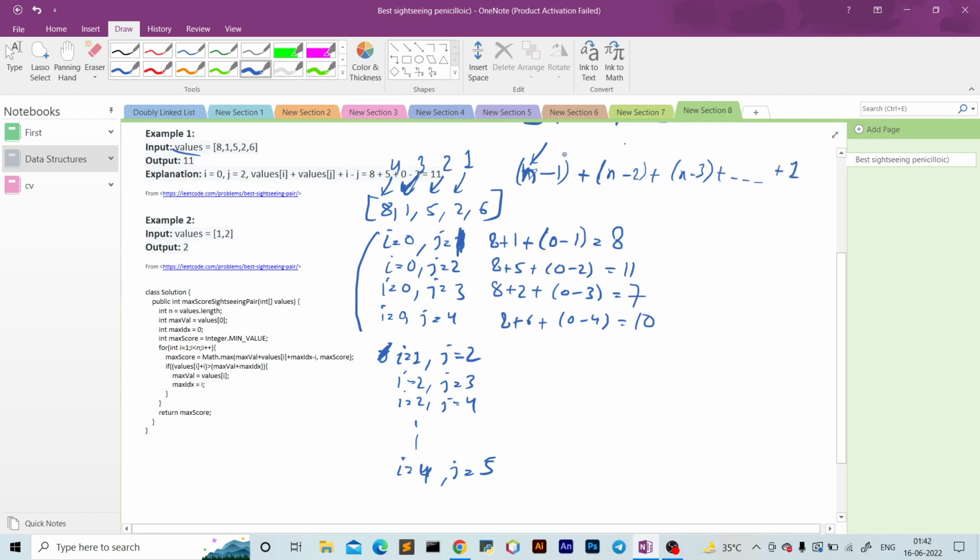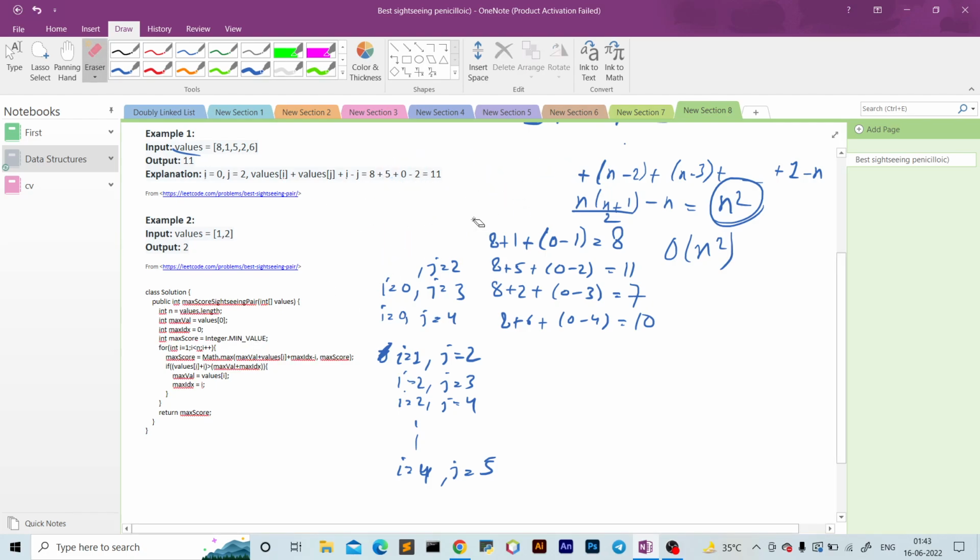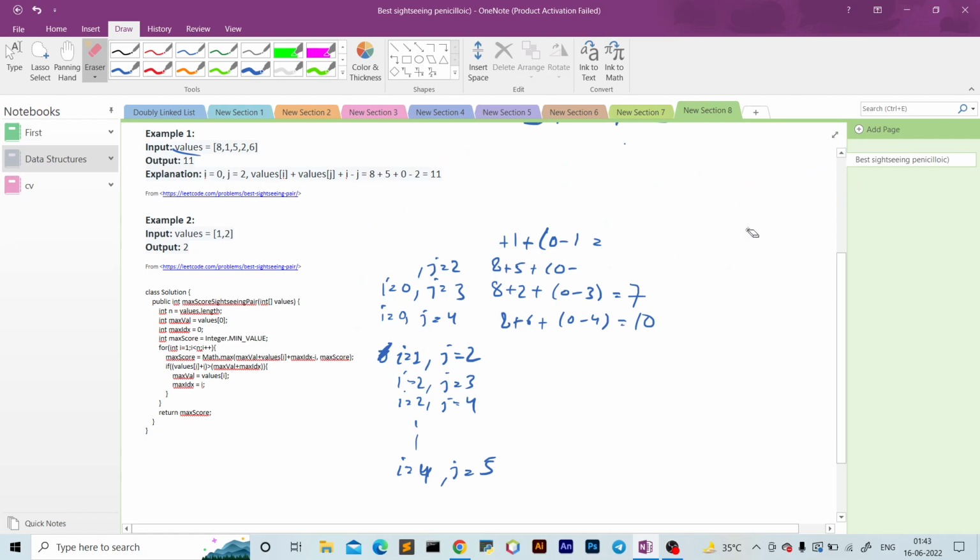If we add and subtract n here, it would be n into n plus 1 by 2 minus n. So it is of n square order. So the complexity of the solution would be of n square. But we want an optimal solution to this problem.